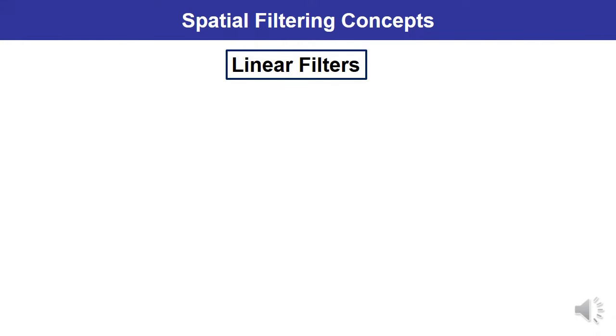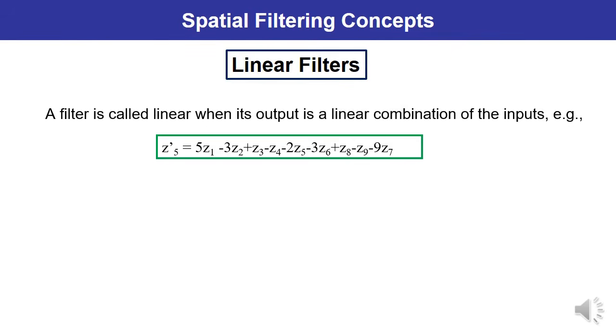Let me tell you what you understand by linear filters. A linear filter is one whose output is a linear combination of the inputs. Here you can see that the modified value of Z5, the pixel value, is calculated on the basis of this particular operation: 5 times Z1 minus 3 times Z2 plus Z3 minus Z4.